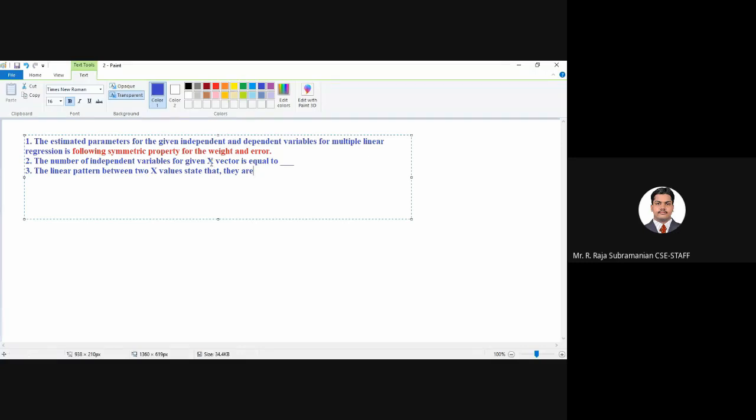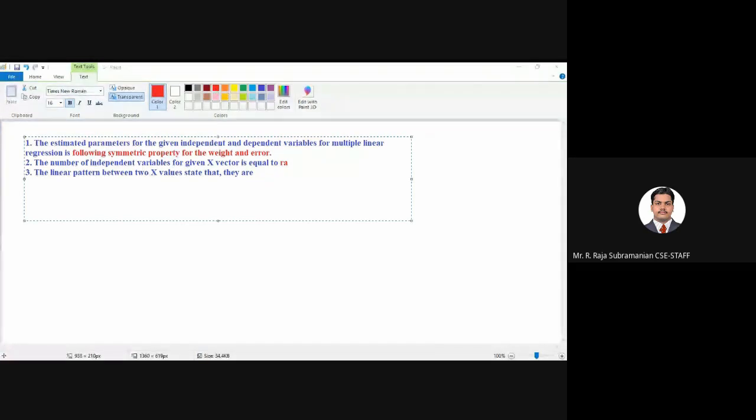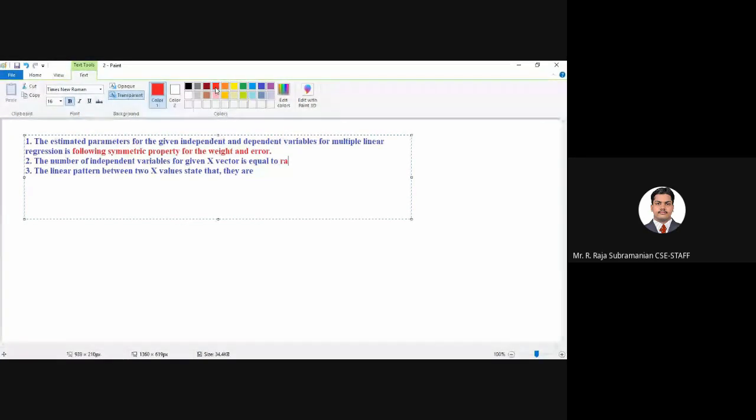The number of independent variables for a given x vector is equal to... x may be having x1, x2, x3, like that. It will be having many x values. And if I want to find the number of independent x values, then what should I find? Anyone say, or shall I say? Scatter plot, sir. Okay, scatter plot, in the sense I am going to find everything separately.